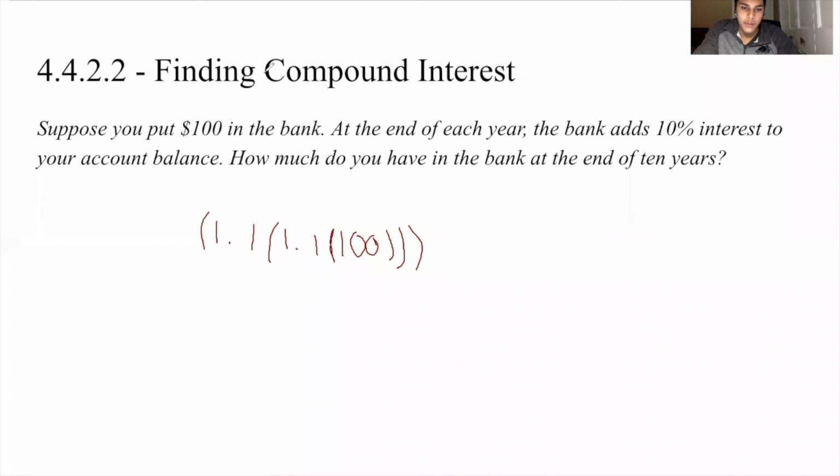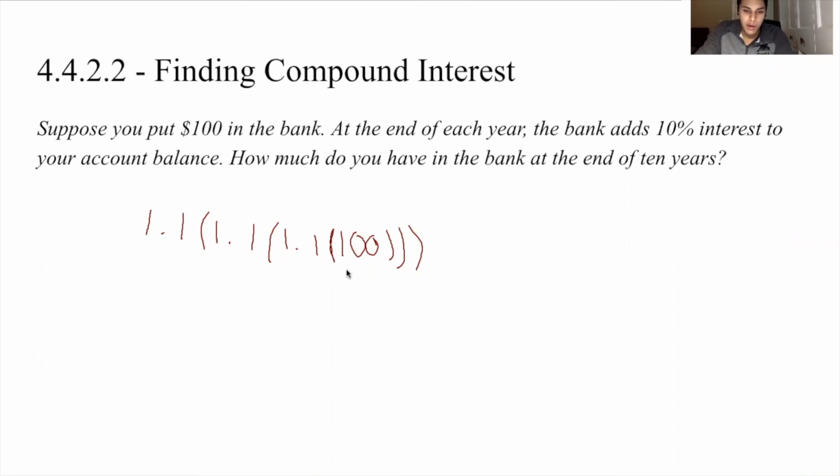All right, let me just erase this again. All right, so after the third year, you're going to multiply this 121, which this is equal to, by 1.1 again, because you're taking an additional 10%. And then this is where you should start noticing a pattern if you haven't noticed one already. Every single time that I compound, I just multiply by 1.1 again, right?